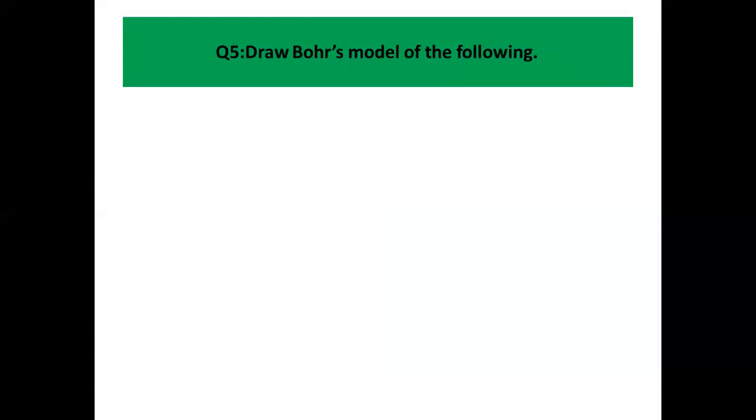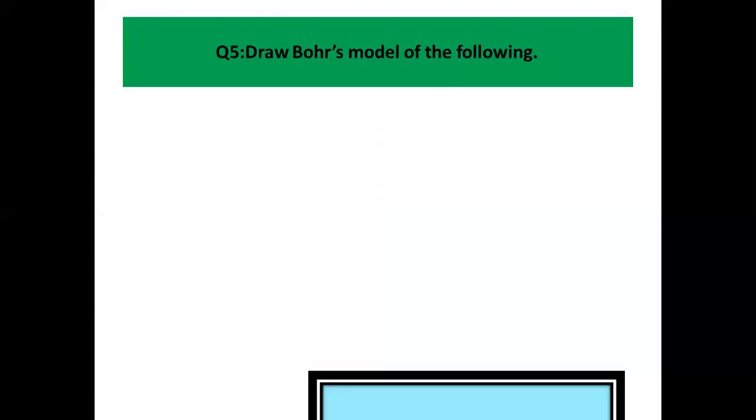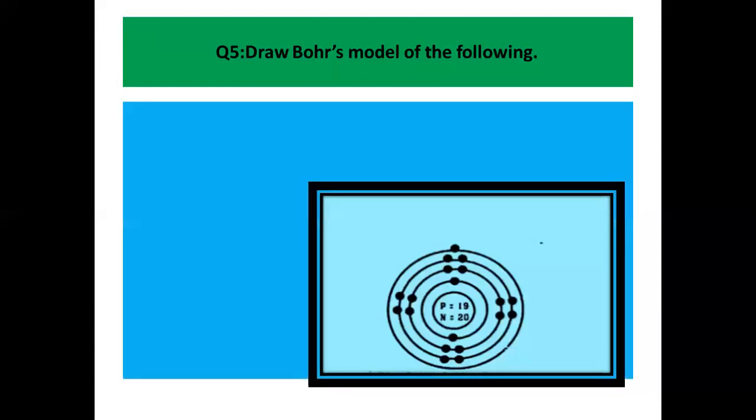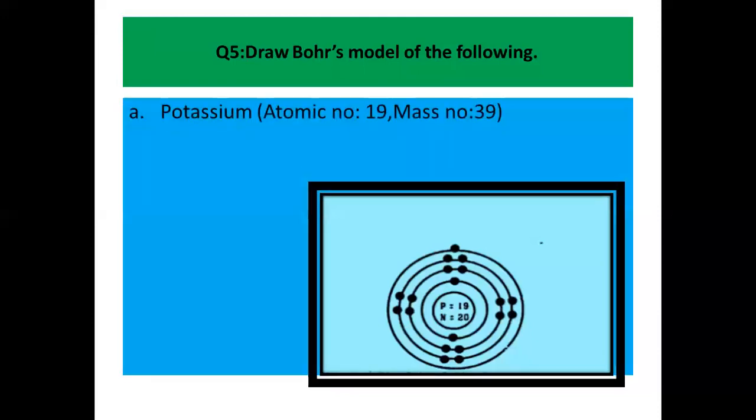Draw the Bohr model of the following. Question number 5. The first one is the Bohr model of potassium. The atomic number of potassium is 19 and the mass number is 39. First of all, to draw the Bohr model, we need some information: the number of neutrons, which we find using the formula mass number minus atomic number.